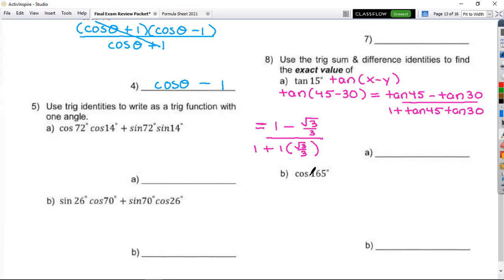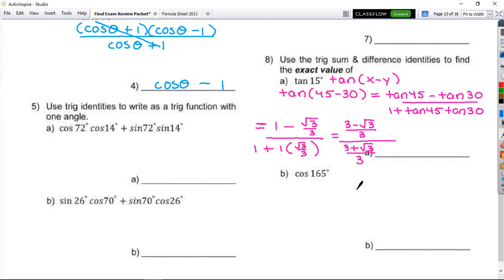So on the top, I'm going to take the 1 and write it as 3 over 3 instead, which allows me to put these together. So I would have 3 minus the square root of 3 over 3. And now I'm going to do something similar on the bottom here. So the bottom, this would be a 3. So I would do 3 plus radical 3 over 3. And if you do keep change flip, what happens with the 3's?